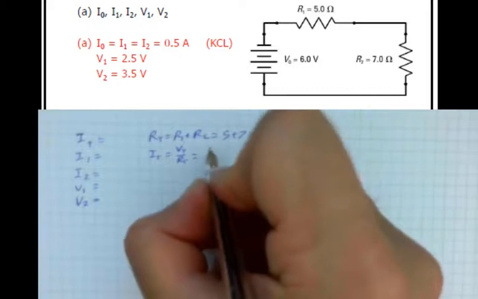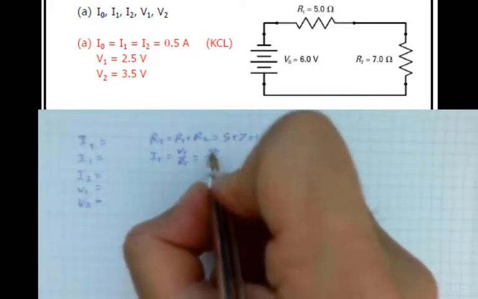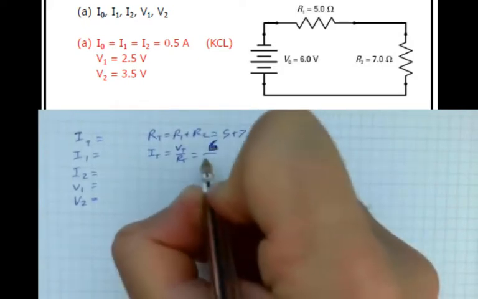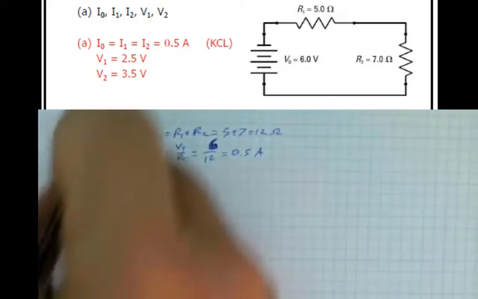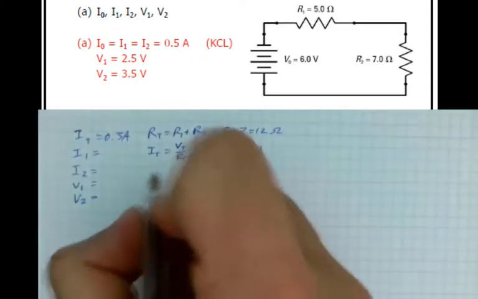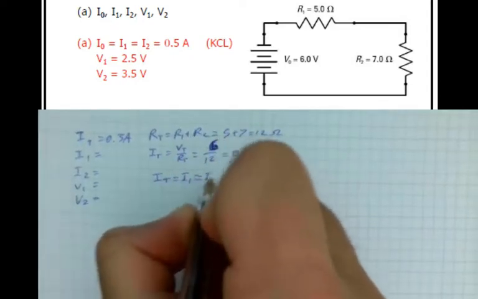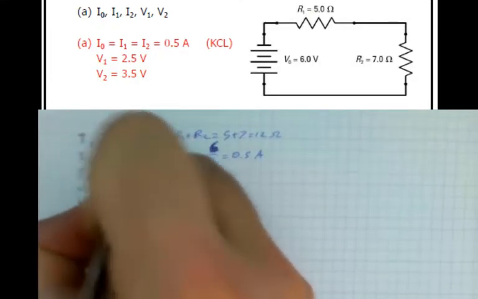That works out to 6 over 12, which is 0.5 amps. So my IT is 0.5. Because of Kirchhoff's current law, I know my IT is equal to my I1 and my I2. So 0.5 amps, 0.5 amps.